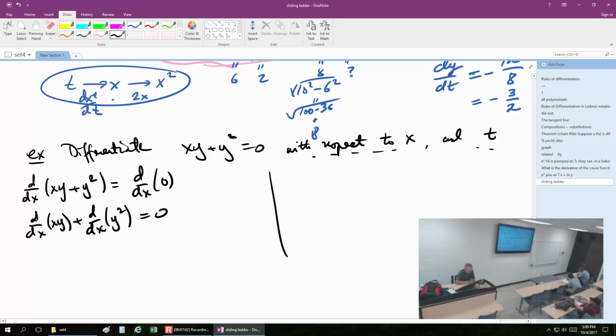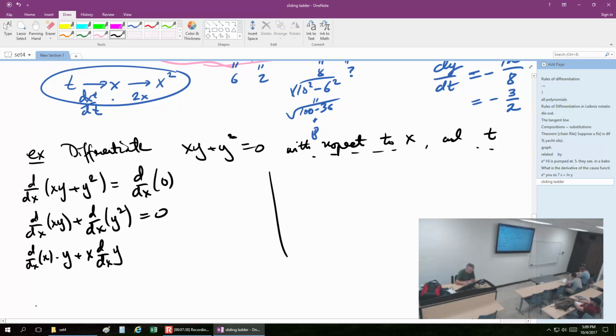Okay, so what do we do with the first term? Product rule. Two terms, x and y, differentiate the first one. So I could say d/dx of x times y plus x times d/dx of y. That's the first term.